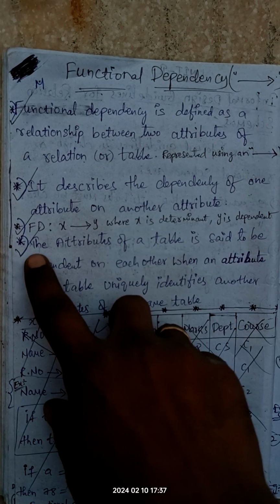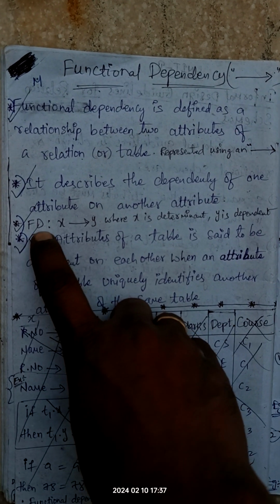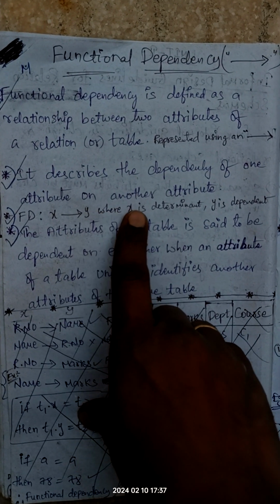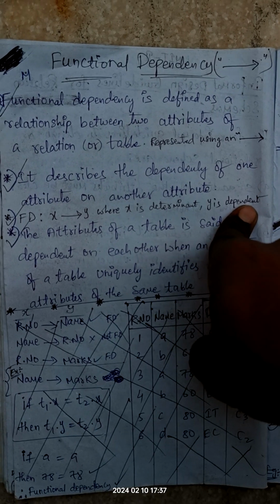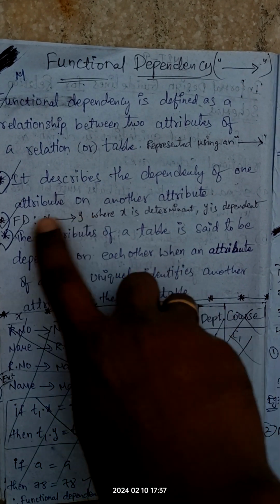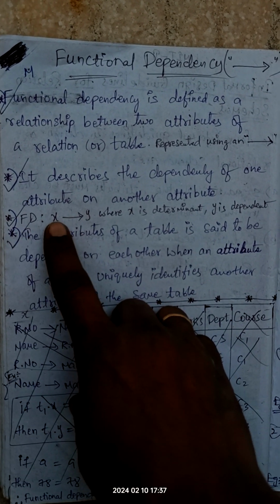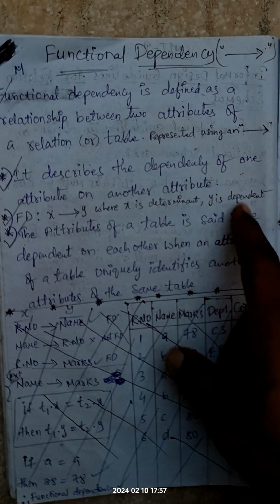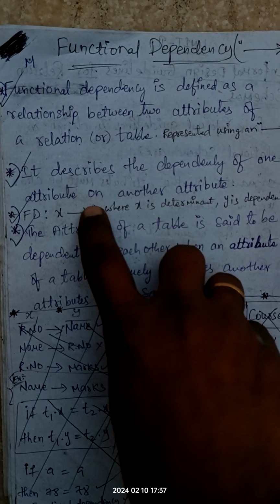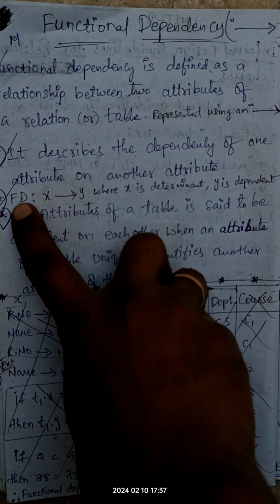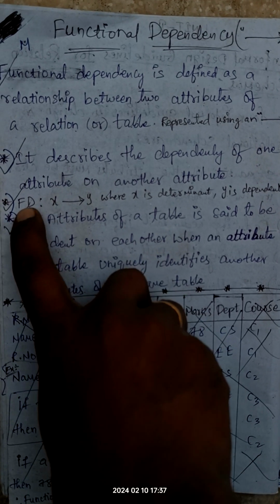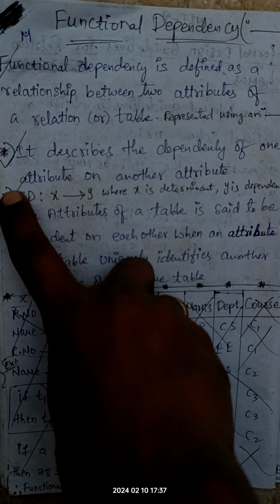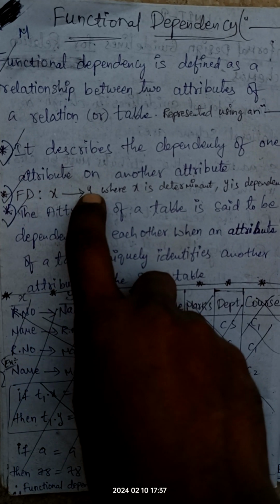This point is compulsory. Functional dependency: x tends to y, where x is the determinant and y is the dependent.